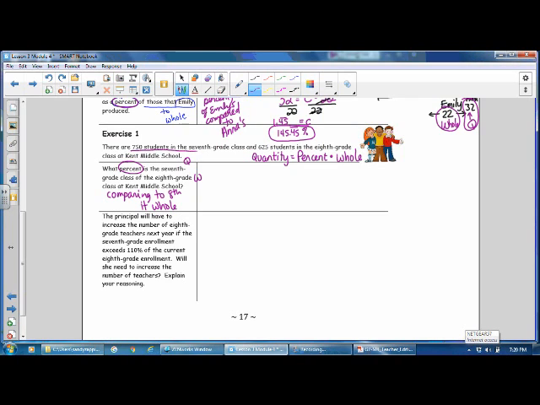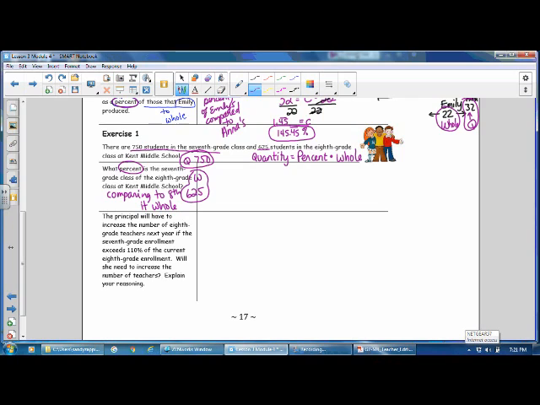So we have 750 that are 7th graders. And we have 625 who are 8th graders. So it helps to identify what is your whole, what is your quantity, and what are the numbers. So our quantity is 750, our whole is 625.